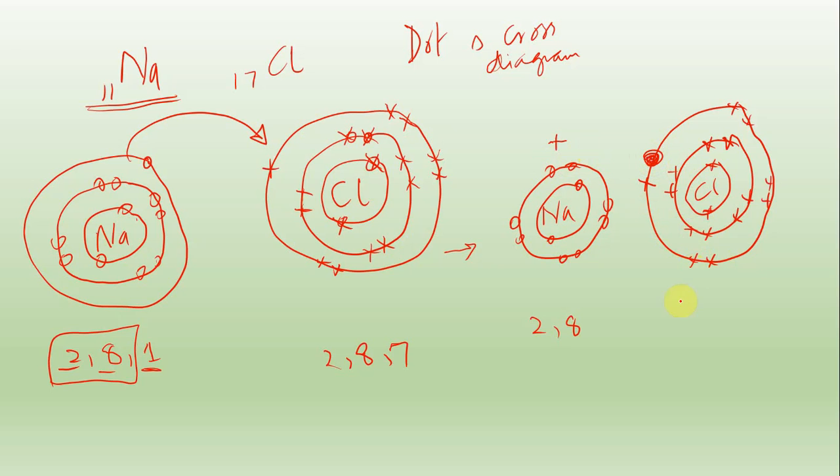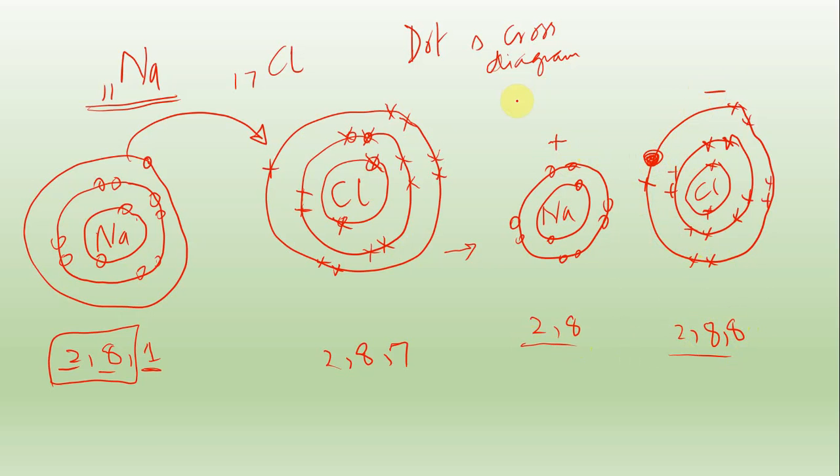So the electronic configuration of chlorine will be 2, 8 and 8. In this way both have completed their octet. So chlorine now has a negative charge.